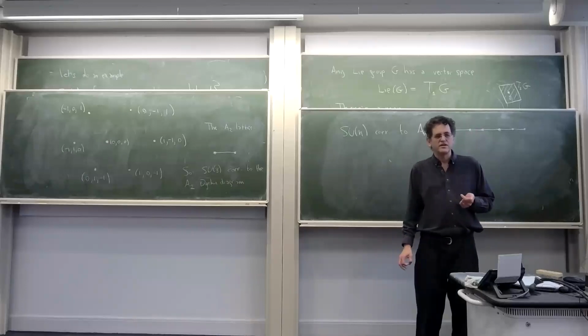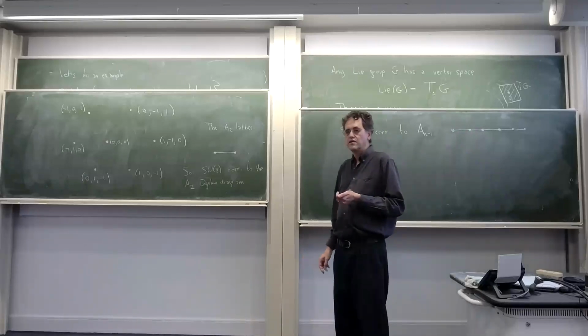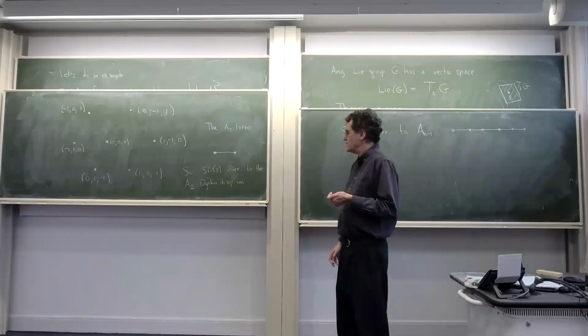Just to be clear, is the hidden magic here that any reflection of this lattice is given by conjugation from something in the Lie group? Yeah, that's right.